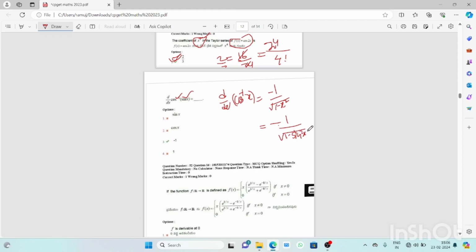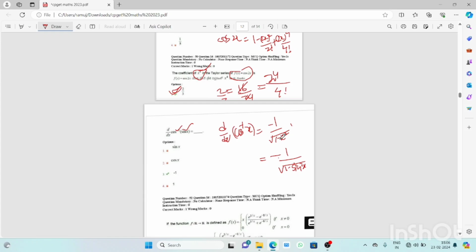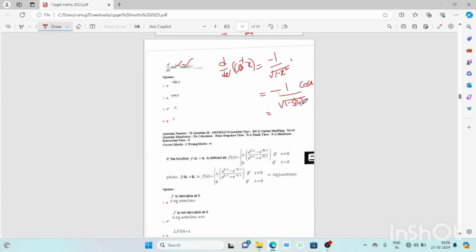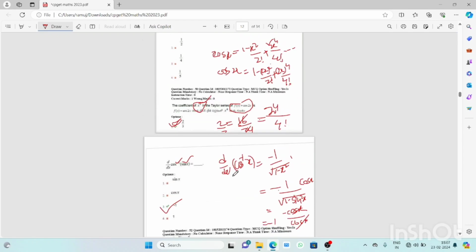And not only that, the derivative of x is 1, but here sin x is there, so we have to differentiate that too. We get cos x. And we know 1 minus sin square x is cos square x. So we get minus cos x divided by cos x. If you cancel both, we get minus 1 as the correct answer. The third option is correct.